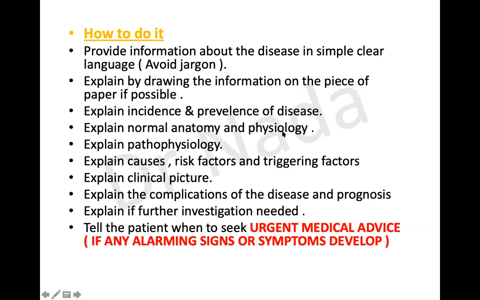And then explain the normal anatomy and physiology of the involved system. Let's say you're explaining TB. So the normal anatomy and physiology of the lungs, that they breathe in and out, they clear the air, they help the body to breathe in oxygen, but sometimes some infections can affect the lungs, the organ involved in this function.